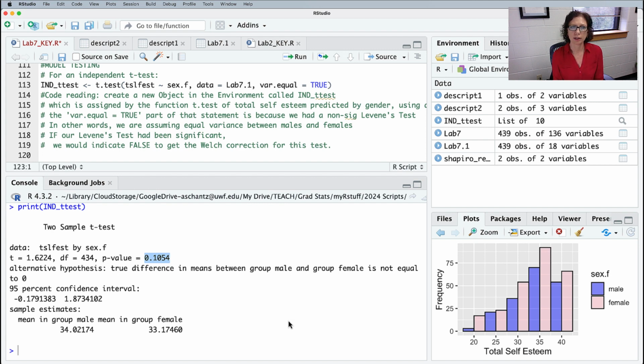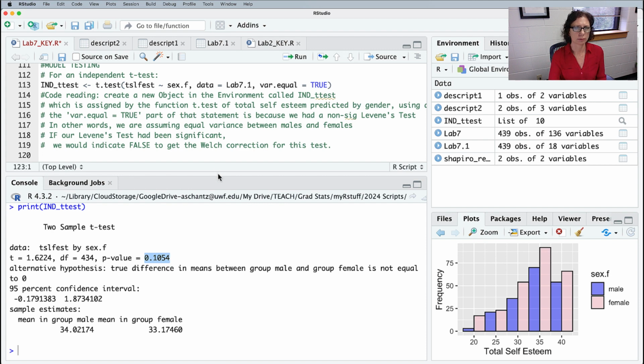In other words, there is no real difference, no significant difference between average total self-esteem between males and females. So the alternative hypothesis, if it was significant, would say that there is a difference. But because we have a non-significant t-test, we conclude there is no true or significant difference between these groups.